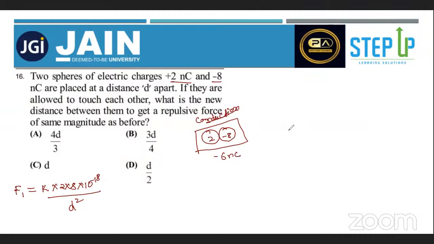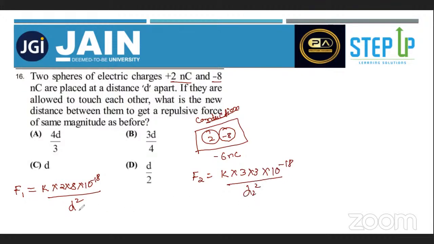Then they are separated. Because it's a conduction case, they divide the charge equally and get separated. So it gets K 3 into 3, 10 raised to -18 upon d2 square.